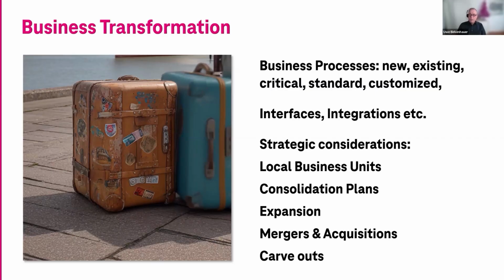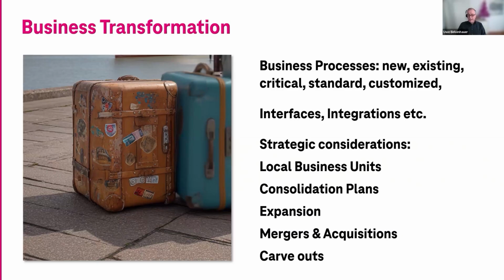So you really need to look into your existing processes: what is customized, what has been built on top of the SAP application, and what to do with that. Are you going back to standard? Will you be able to follow the clean core principle? Or will you even be able to get rid of a lot of existing customizations because the new standard covers them? This is something you need to look into, and it takes a lot of planning and analyzing up front.